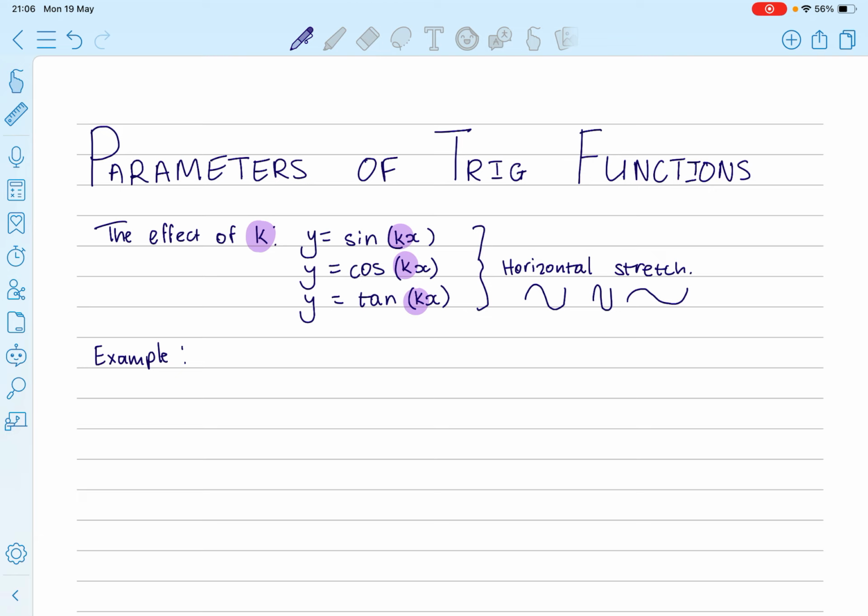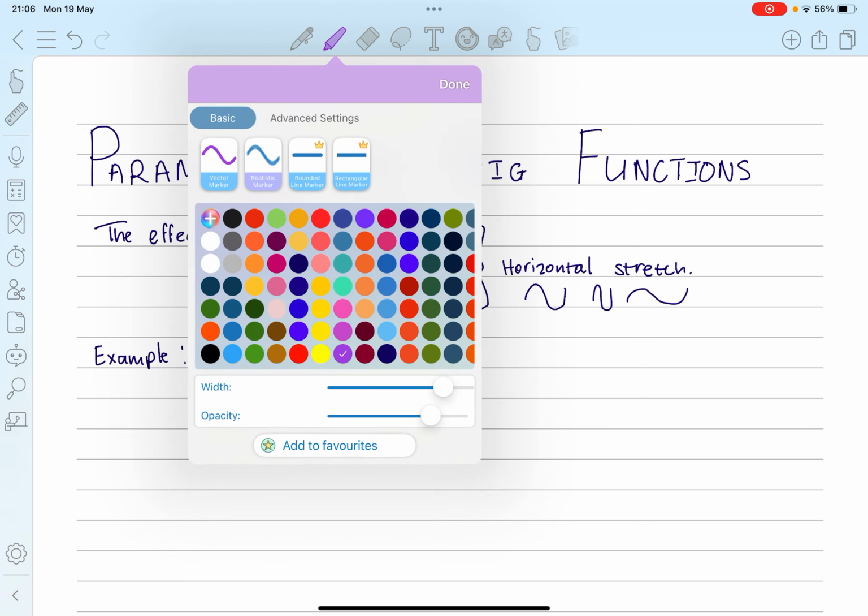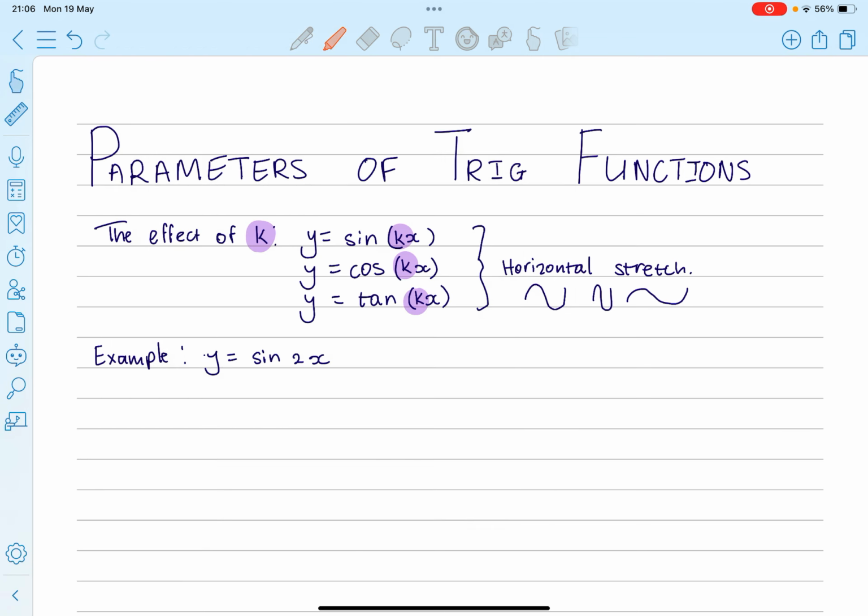In our example, we'll be using the graph of sine. So y is equal to sine 2x. Here you can see that our k, let's use a different color, orange is fine, our k is equal to 2, so that's the coefficient of x.